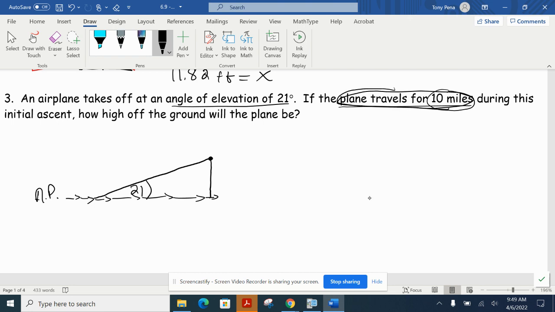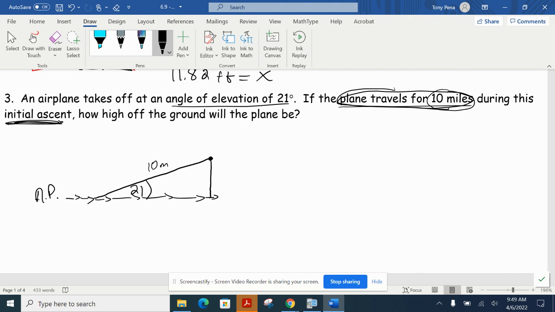All right. This is your plane right here, correct? It's the thing that's going up at that angle. So when we assign this 10 miles, we're talking about the 10 miles during his ascent. So it's actually how far the plane traveled. So the 10 needs to go right here. All right. If it said the horizontal distance was 10, we would put it right there.